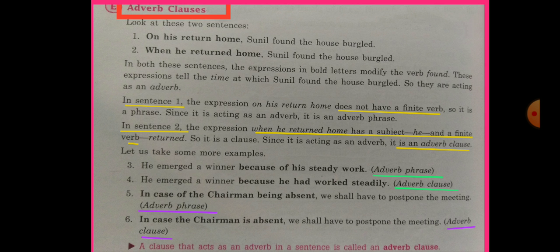Look at these two sentences. On his return home, Sunil found the house burgled. When he returned home, Sunil found the house burgled. Now, in the first sentence, "on his return home" is a group of words, but it doesn't have any finite verb. First of all, we check whether the given group of words belongs to a clause or not.